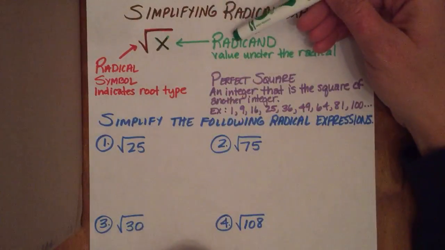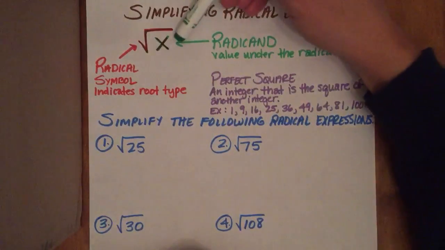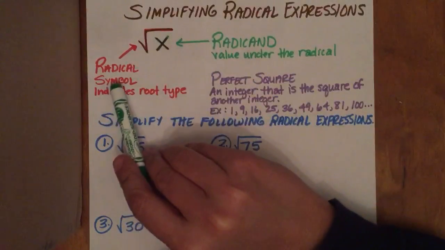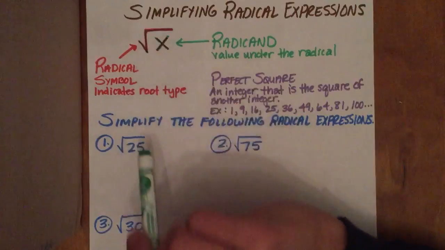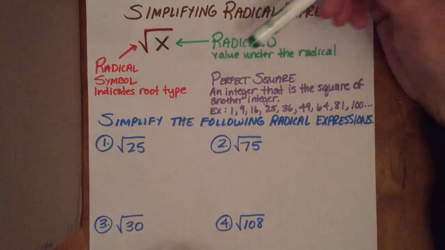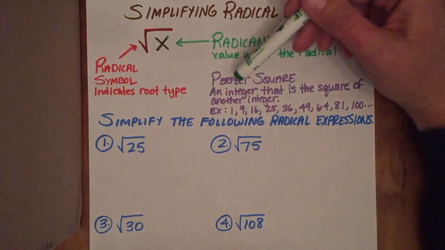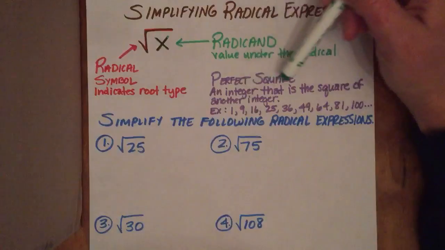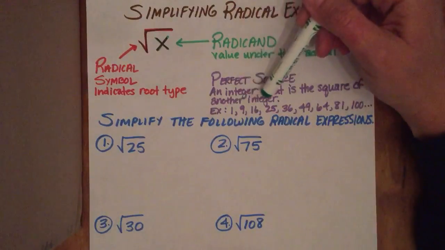So we have the vocabulary. We have a radicand, which is the value under your radical sign, and the radical symbol, which indicates what type of root you're going to take. We're looking at square roots in this lesson, so we're looking at perfect squares. A perfect square is an integer that is the square of another integer.